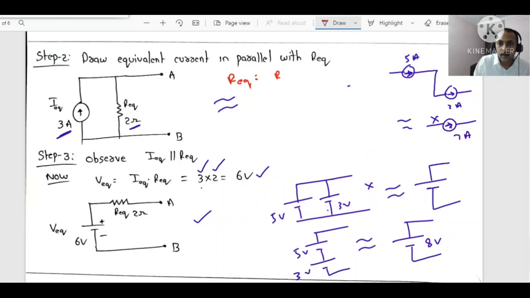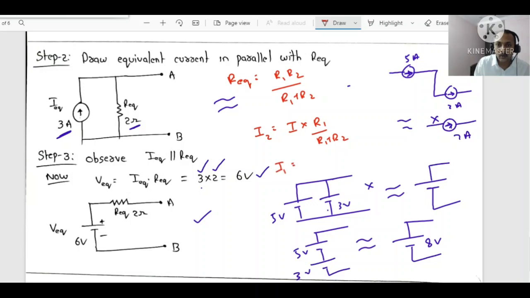R equivalent will be R1 into R2 divided by R1 plus R2, and the current division rule. If you want to find I2, for example, then total current I into the opposite arm, R1 divided by R1 plus R2.